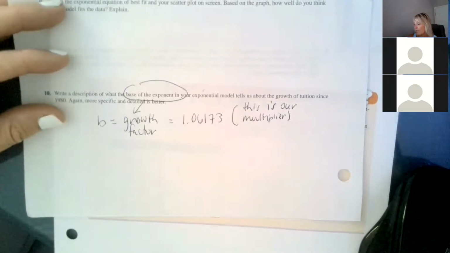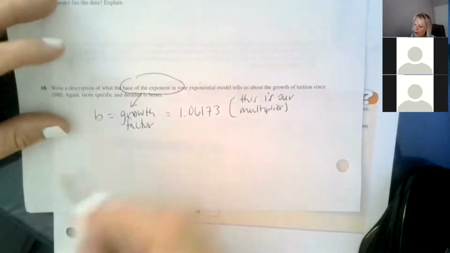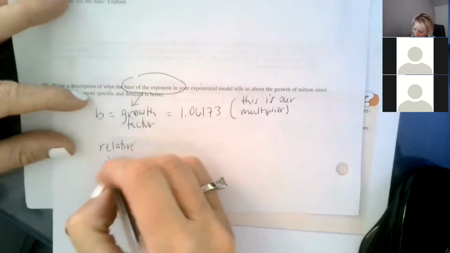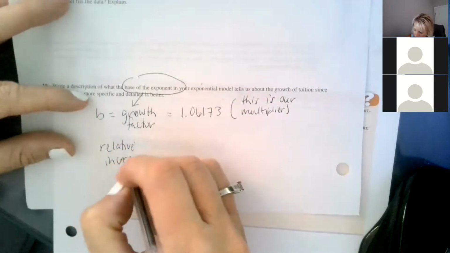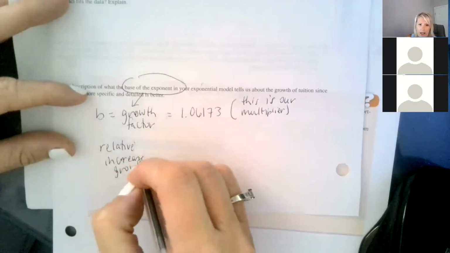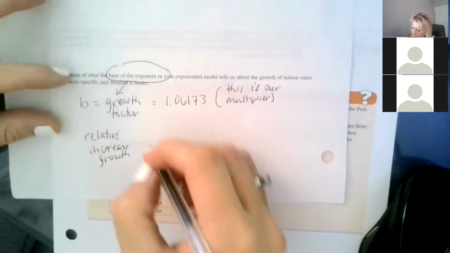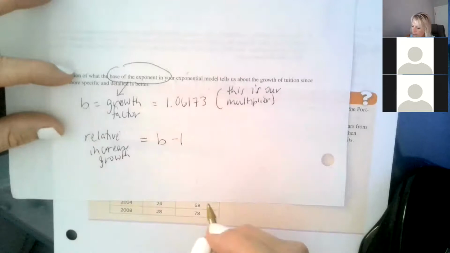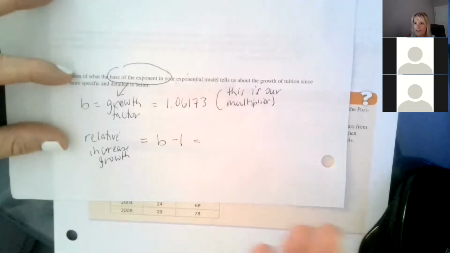But I want to know, it looks like it's growing because I can see that from my Desmos. So it's a growth, right? It's exponential growth. So I want to find my relative increase, my relative growth. And to do that, you are always going to just take your B and subtract 1. Now, if your relative growth is positive, it means it's growing.